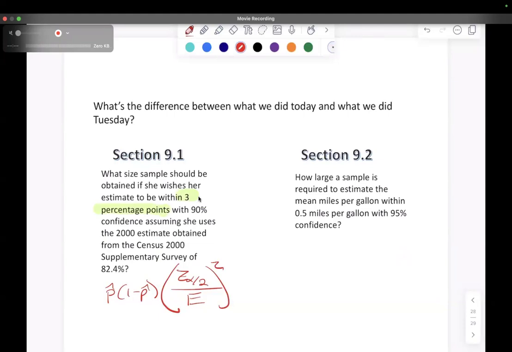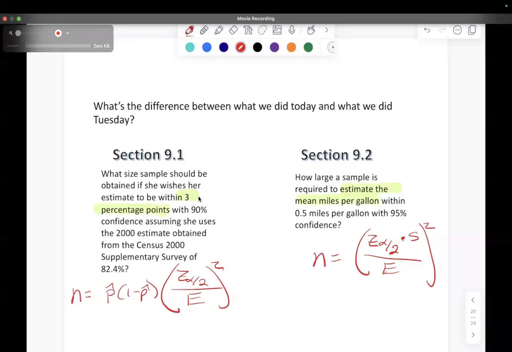That's for your n. And for the mean, it's going to say something like estimate mean miles per gallon. It's going to say something about estimating the mean, and then you're going to use that other formula.